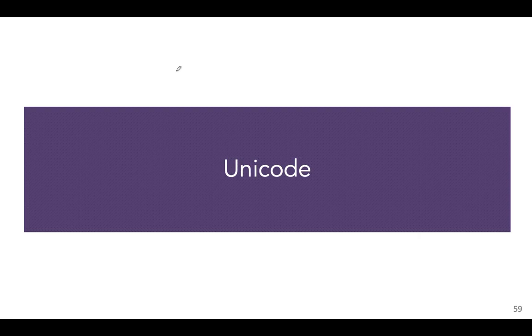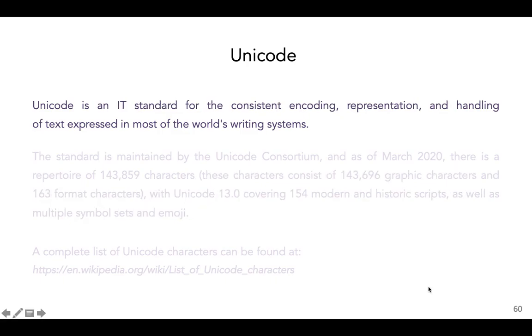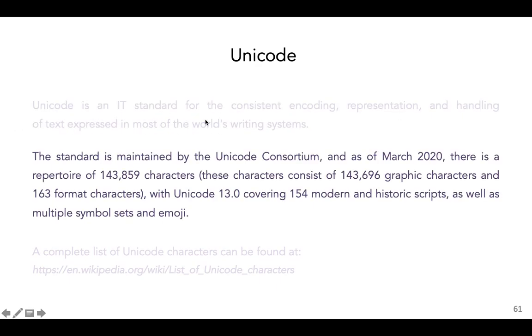The next code is Unicode. Unicode is an IT standard for the consistent encoding, representation, and handling of text expressed in most of the world's writing systems. So any language, any writing system you can imagine, Unicode provides a consistent encoding, representation, and handling system for that writing system. The standard is maintained by the Unicode Consortium, and as of March 2020, there is a repertoire of 143859 characters.